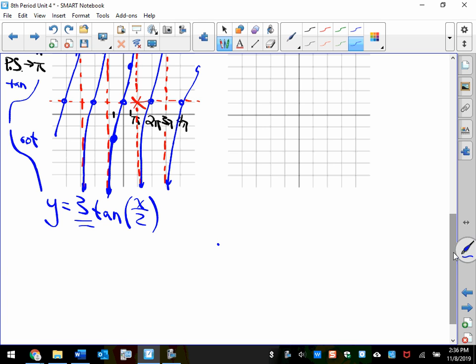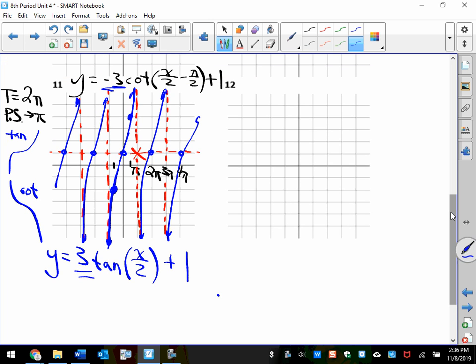But there's really no phase shift, because tangent's asymptotes are on either side of the origin, but there is a shift up by 1. If you graphed this and our original cotangent graph on a calculator, there would be no difference between them. They're the exact same graph. The only difference is that the red X would be right here for tangent, because this one has no phase shift. These two graphs are identical. I like the one down here better.